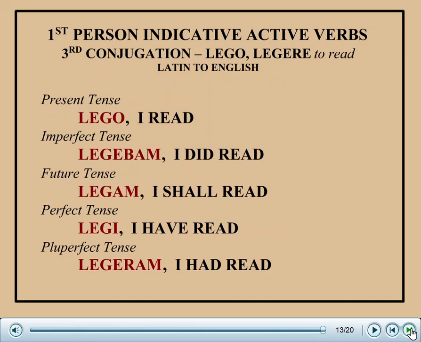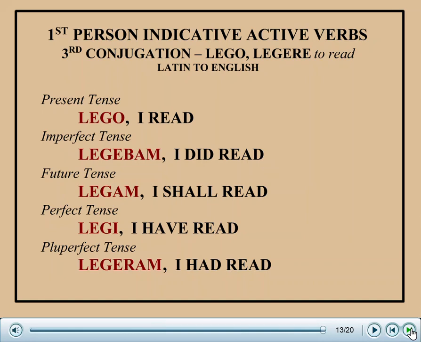In this slide, we'll move from Latin to English. The first person indicative active verbs for the third conjugation, lego, legere, to read. In the present tense, lego, I read. Imperfect tense, legebam, I did read. In the future tense, legam, I shall read.